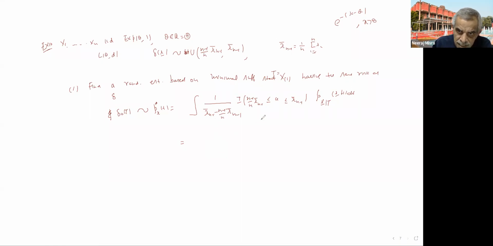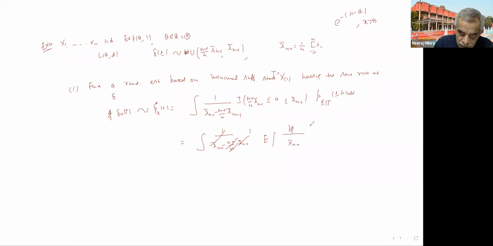This becomes 1 upon x bar n minus 1 minus (n minus 1)/n x bar n minus 1, indicator. I have to do this with respect to the conditional distribution of x given t. So I have to find the expected value of this, which is n upon x bar n minus 1, since the difference is 1 by n.